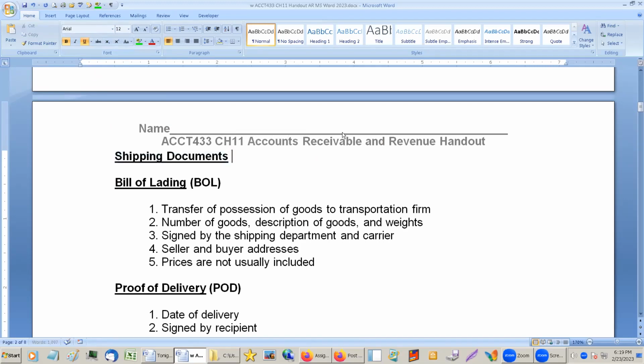These are generally between the client and the third party. In other words, the shipper. And there's two main ones that we look at.